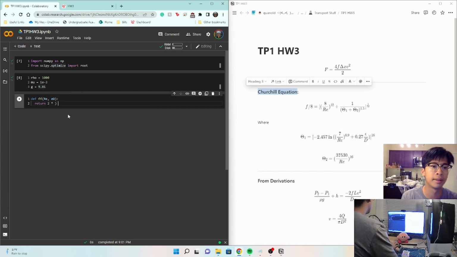So 2 times 8 over RE, 12 plus 1 over theta 1 plus theta 2 raised to the power of 1.5, raised to the power of 1 over 12.